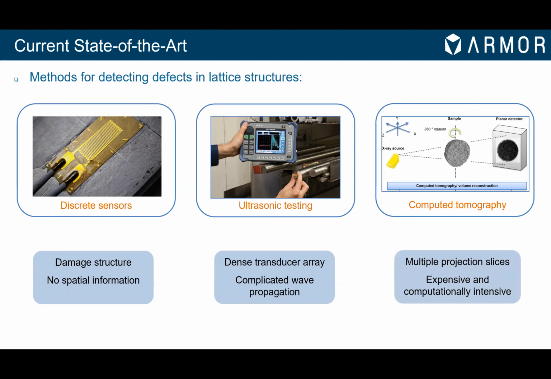Last but not least, to obtain a high resolution CT image, multiple projection slices are typically needed, and this method is expensive and computationally intensive, not to mention that it is not necessarily scalable to entire full-scale structural components.